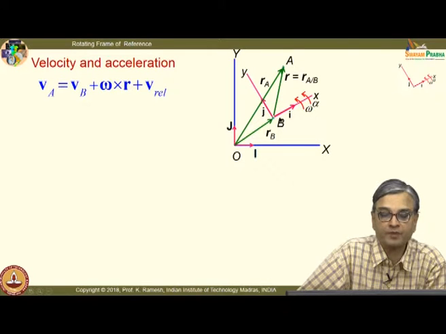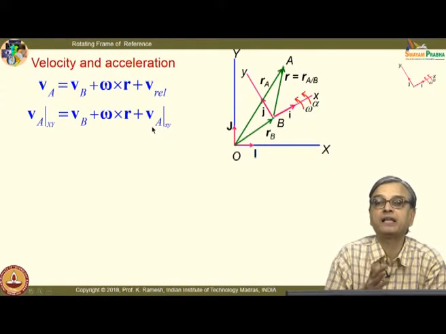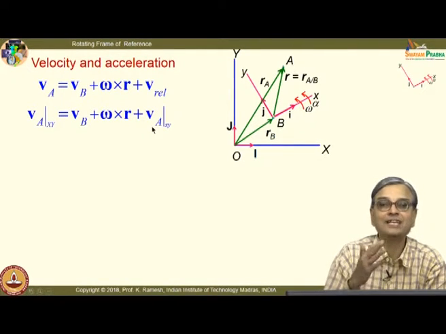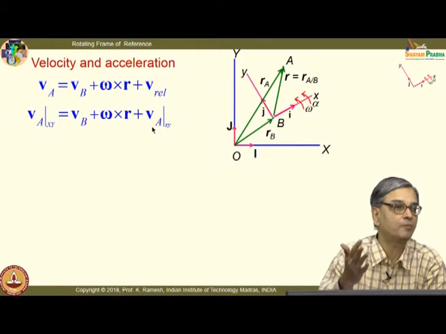Viewing from the rotating frame of reference, it is possible for me to get velocity of A equal to velocity of B plus omega cross r plus v_rel. I said v_rel has a special meaning in this context. You should visualize this as the velocity perceived by an observer sitting on the rotating frame of reference, who observes what happens to point A.